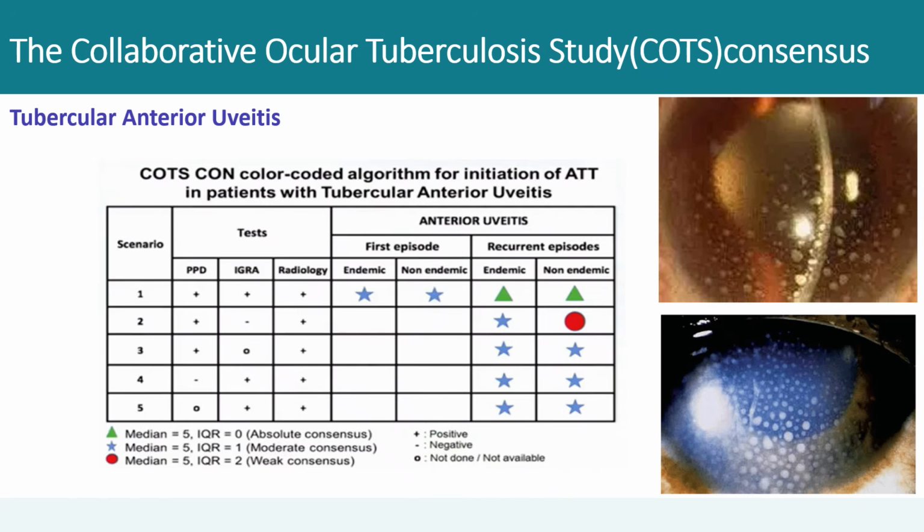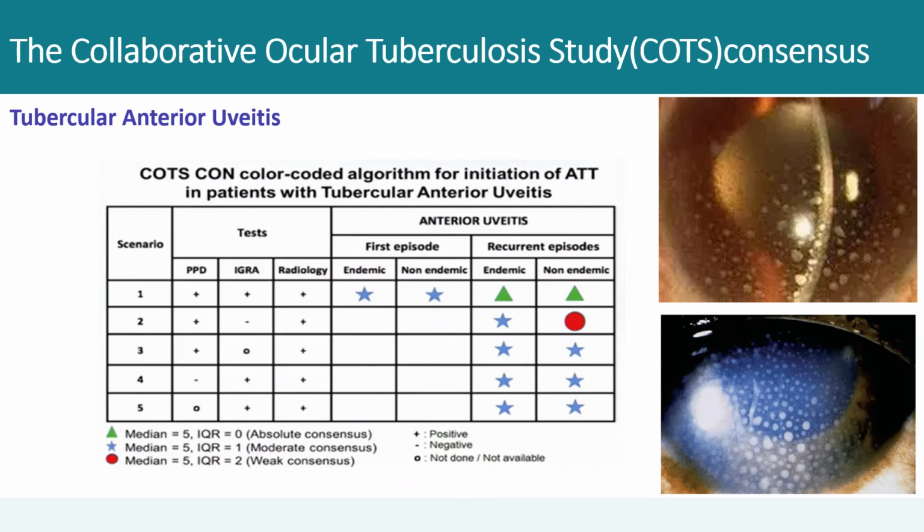You have to have radiological support along with the two immunological tests, that's the purified protein derivative, the tuberculin test, and the IGRA test. In the presence of these criteria, this strongly suggests the use of anti-tubercular drugs. However, the consensus also forgives only one immunological test being positive and the other negative, but it is mandatory to have a positive radiology test.